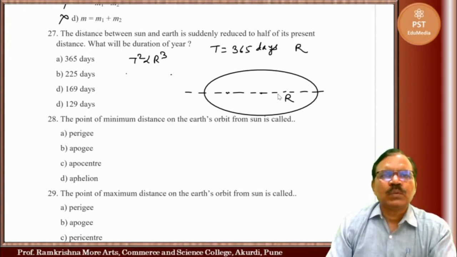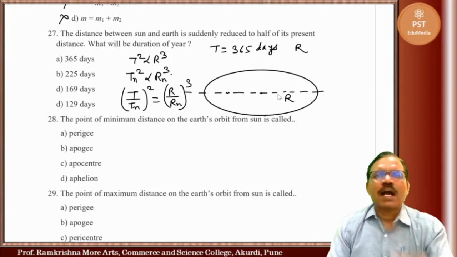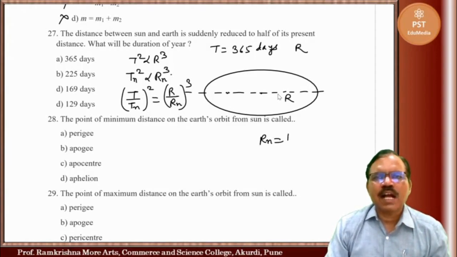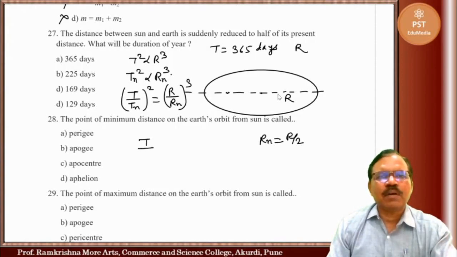Now the new Tn square is proportional to Rn cube, so T upon Tn square is equal to (R upon Rn) cube. Rn means suddenly reduced to half, so Rn is R by 2. So (T upon Tn) square will be equal to (R upon R by 2) cube.